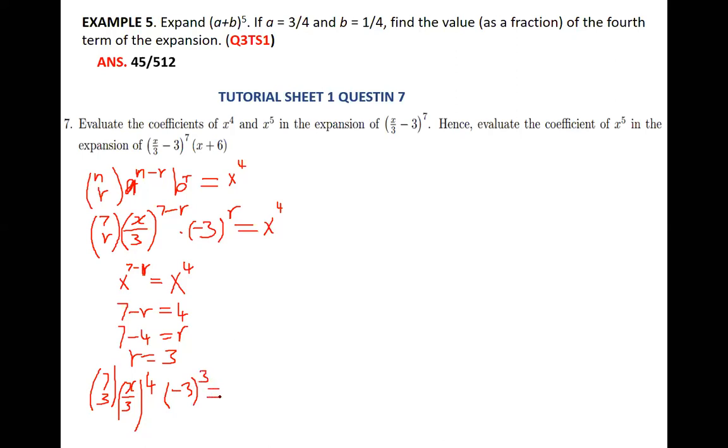So what am I going to get after this? So I'm going to get 7 choose 3. We all know how to evaluate this by this time.